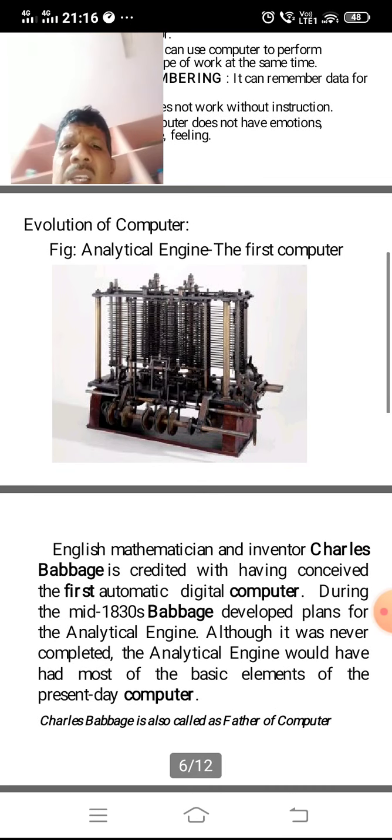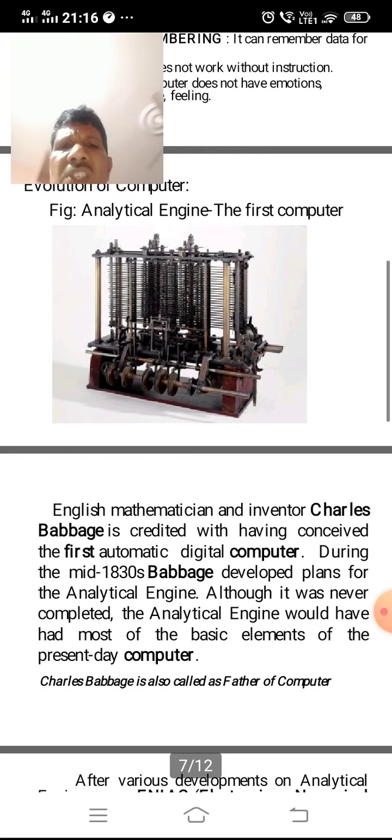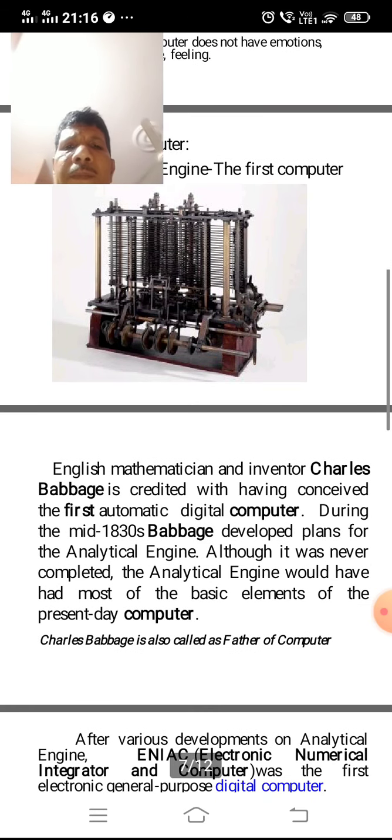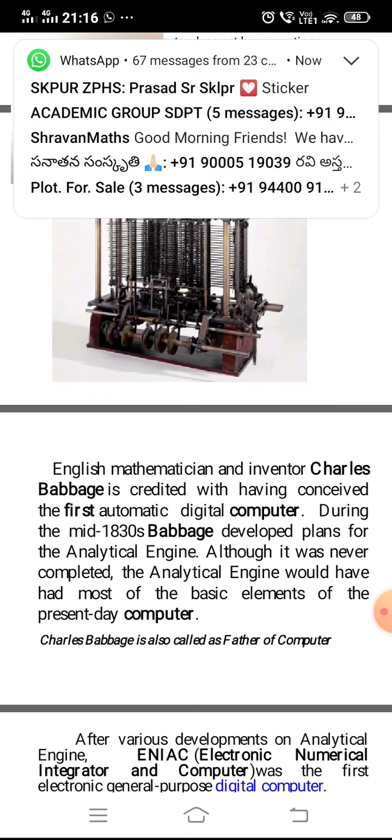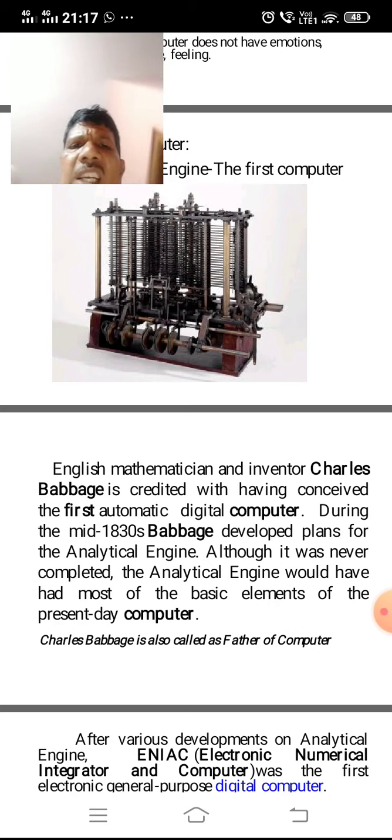Here we'll see the English mathematician and inventor, whose name was Charles Babbage. He is credited with having conceived the first automatic digital computer during the mid 1830s. Babbage developed plans for the analytical engine.